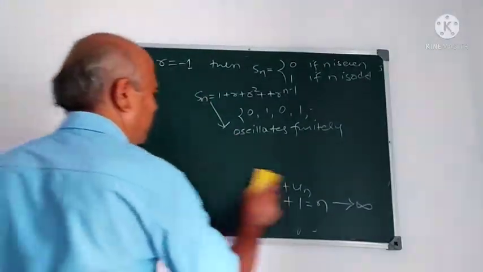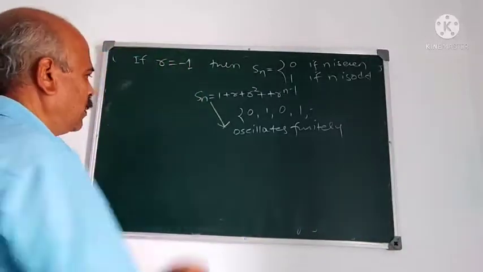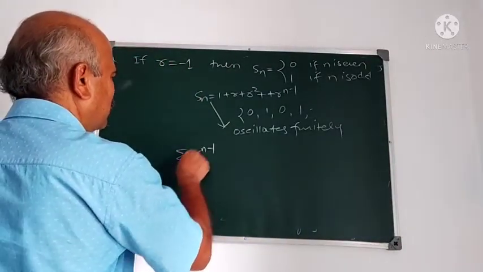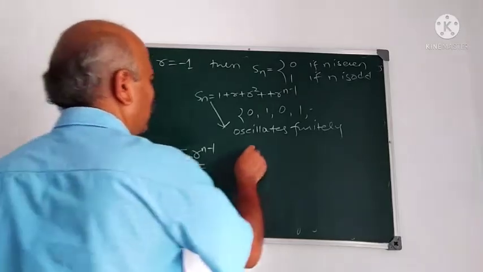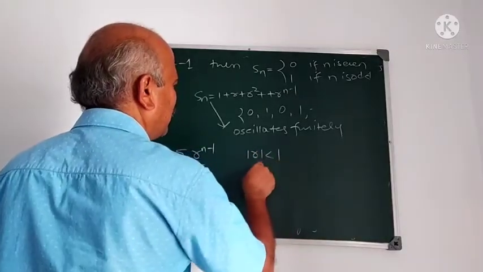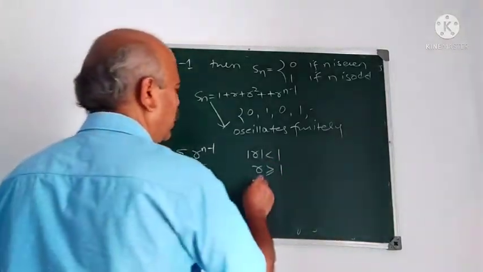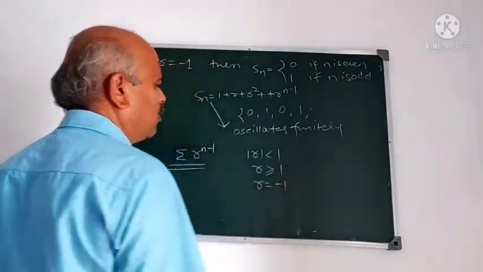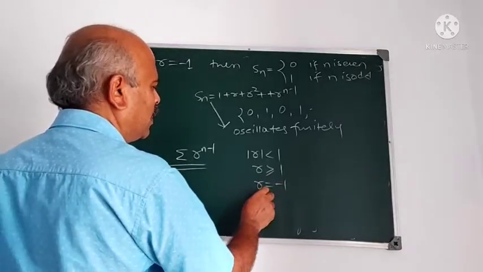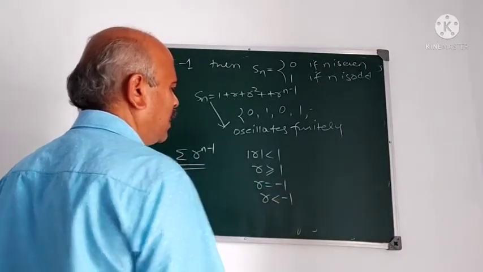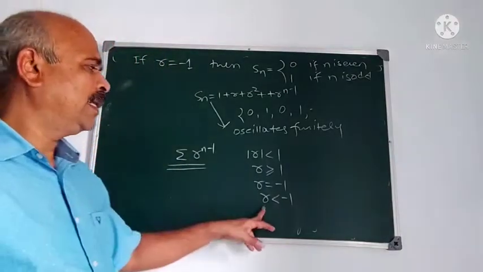So finally, this is the summary. Sigma r raised to n minus 1, a geometric series, converges if mod r is less than 1, diverges if r is greater than or equal to 1, oscillates finitely if r is equal to minus 1, and if r is less than minus 1, it oscillates infinitely.